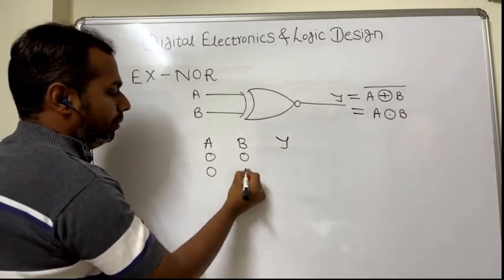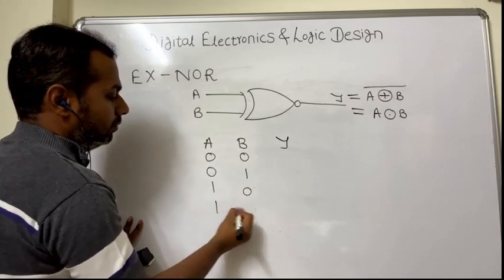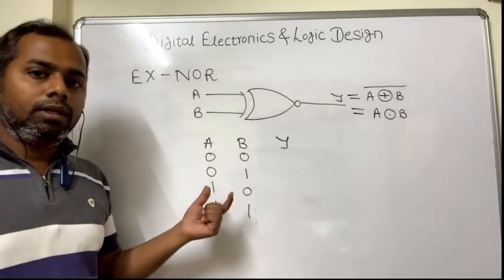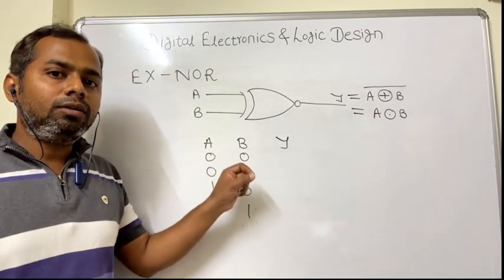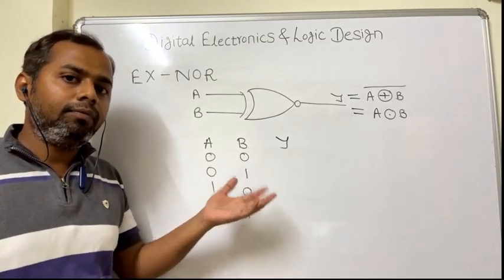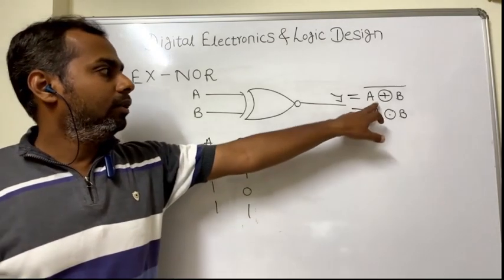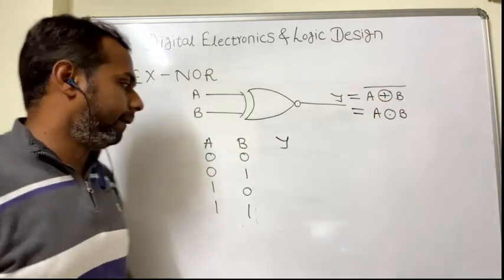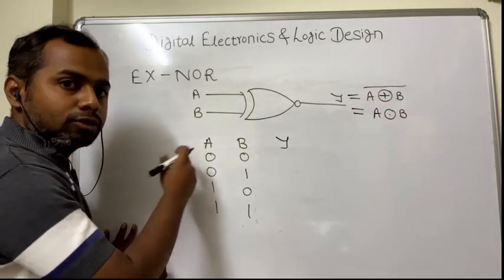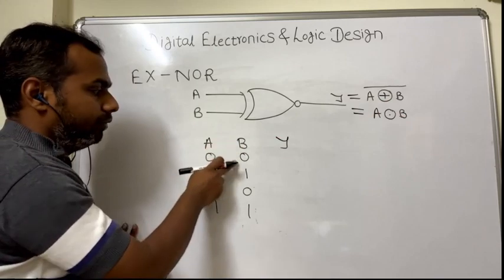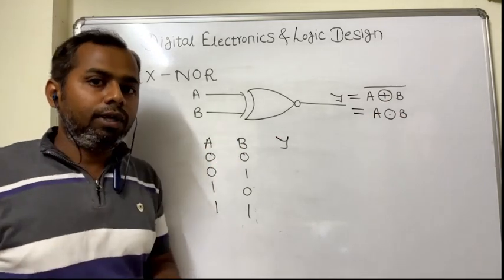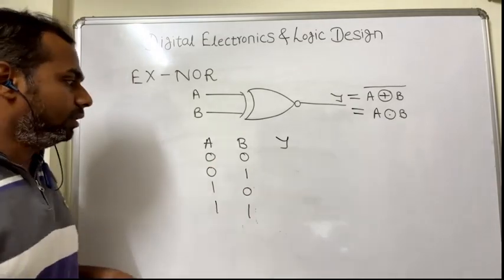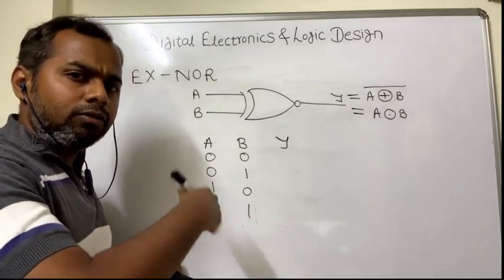Let me write the four combinations of 0 1. Now, first in XNOR truth table, we are going to find out the XOR value for two variables, and then finally we will take its complement, because in the equation you can observe it is a complement of XOR operation between A and B. So what is XOR operation for A equal to 0, B equal to 0? Already I told you, if both the values are similar for two variables, output is 0 in XOR, but in XNOR we have to take its complement.